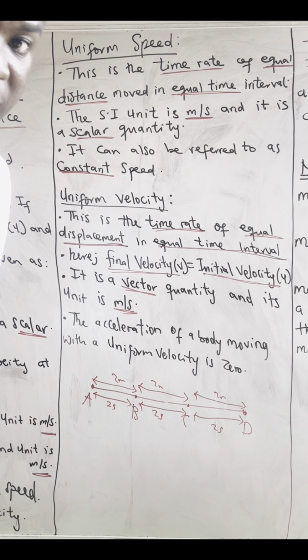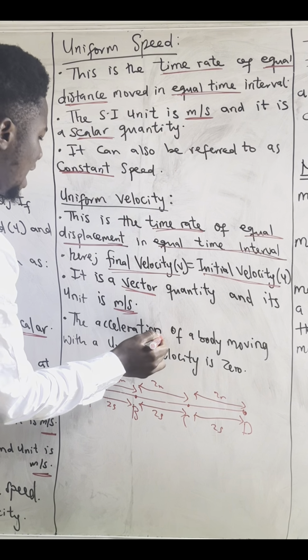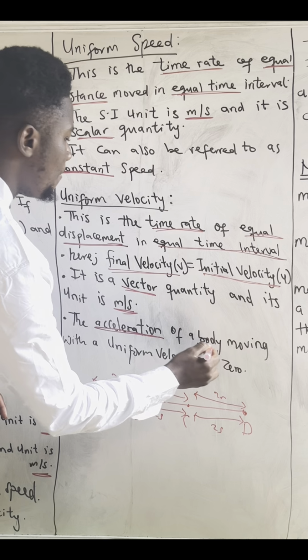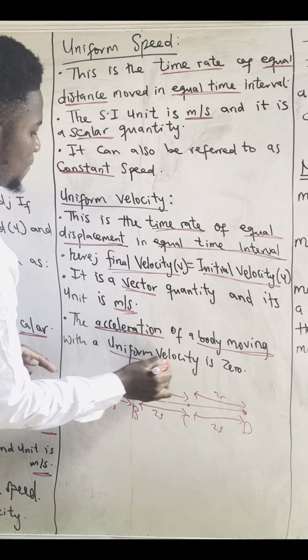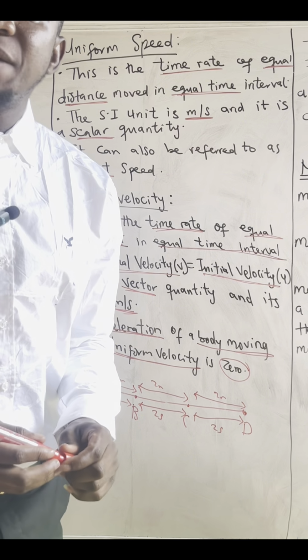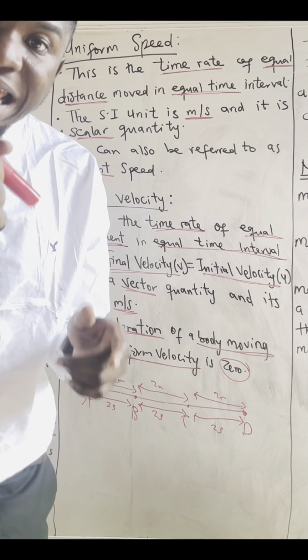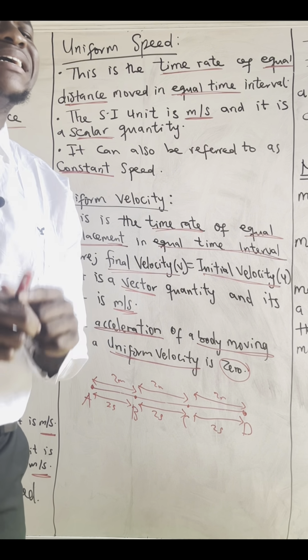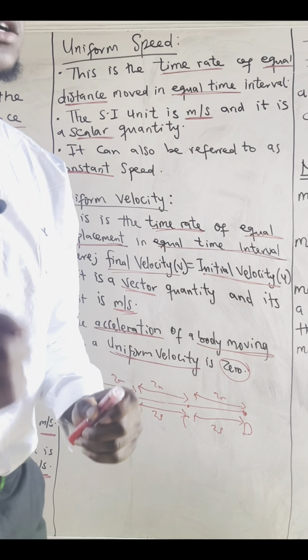And you have to note that the acceleration of a body moving with uniform velocity will be 0. Why? Because acceleration is the time rate of increase in velocity.